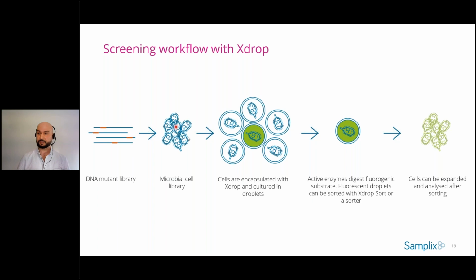We start, as I mentioned also with the directed evolution slide, with a mutant library. We transform the host with the library, encapsulate the cells, and culture them. Afterwards, we can perform the enzyme assay inside the droplets after culturing and growing the cells and protein production. And afterwards, the droplets can be opened up, the cells can be recovered, and we can continue with further characterization.